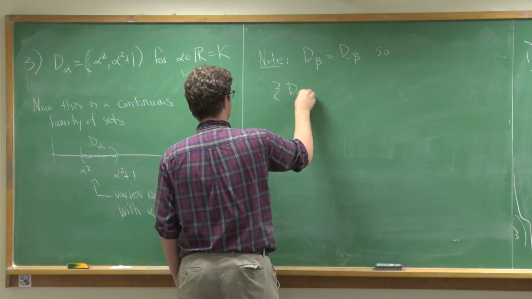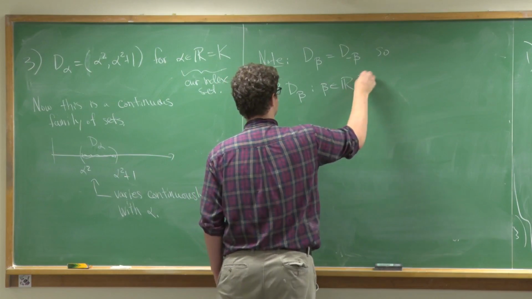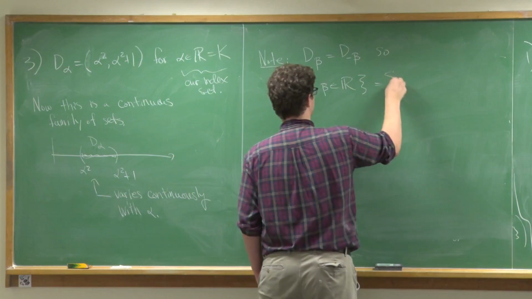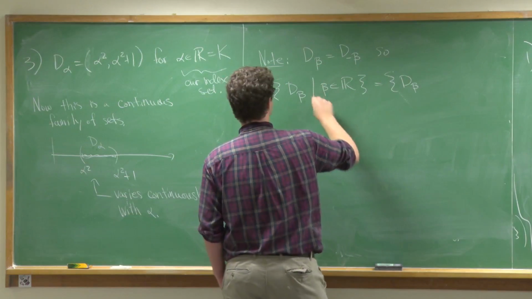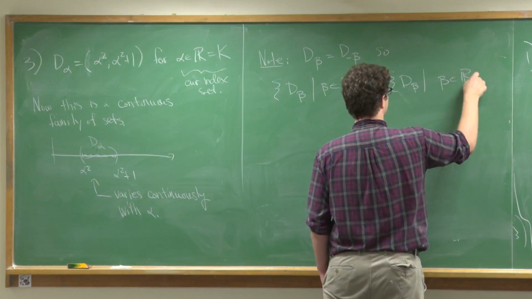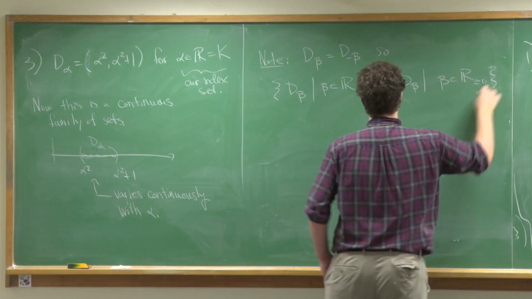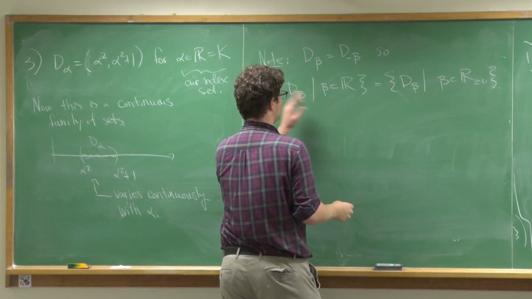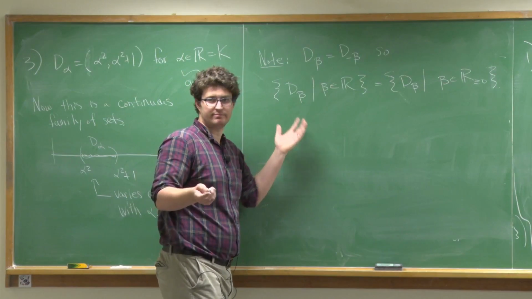This collection of D beta for beta in the real numbers is equal to the collection of D beta for beta in the non-negative real numbers. Okay, so these are the same, right? But you can still specify them with repetition if you want. It doesn't really matter.